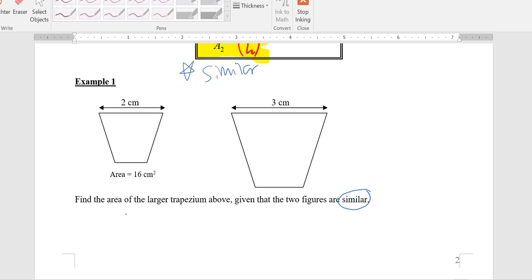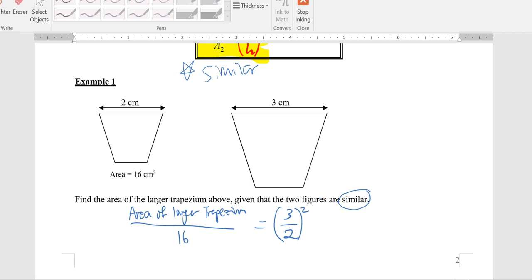So the area of the larger trapezium over the area of the smaller trapezium can be written as equal to 3 over 2, the corresponding length, squared.